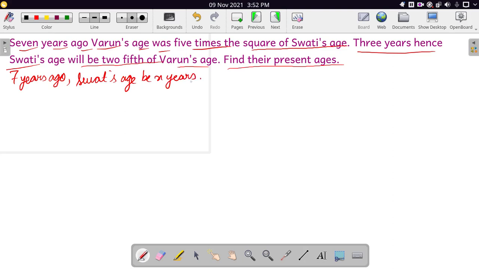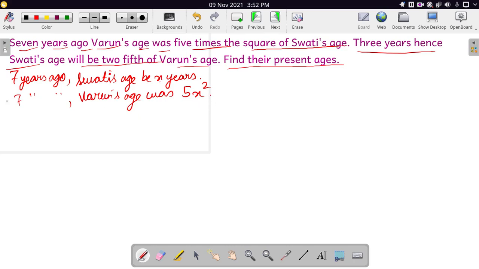Then 7 years ago, Varun's age was what? 7 years ago, this is Swati, Varun's age was 5x square. Why 5x square? Because 5 times the square of Swati's age. Swati's age is x. Square that, x square. 5 times that, 5x square. Okay, this was Varun's age.